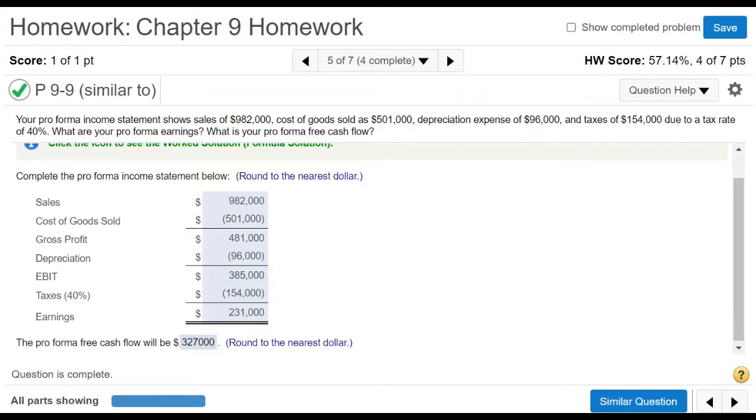If depreciation was zero, 481 would have been brought down, and 40% of 481 isn't 154. It's a lot more. It's almost double that. So now, once you get the earnings, you add back the taxes, and that's it.